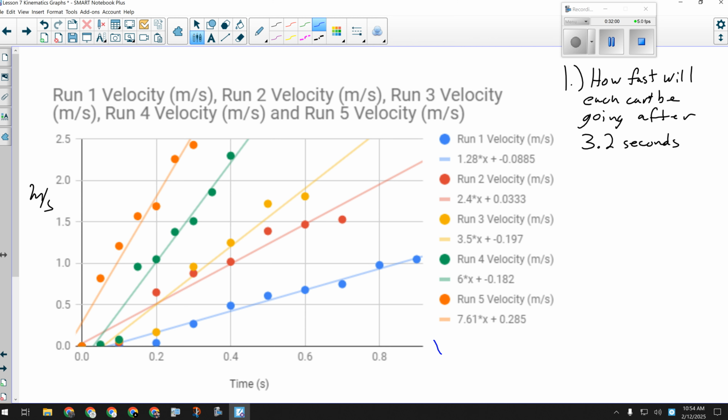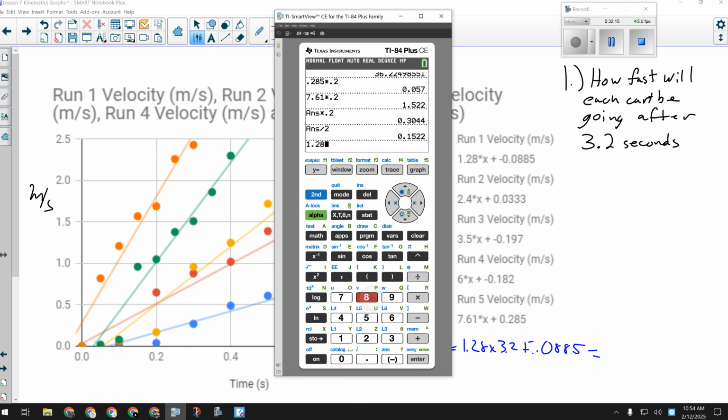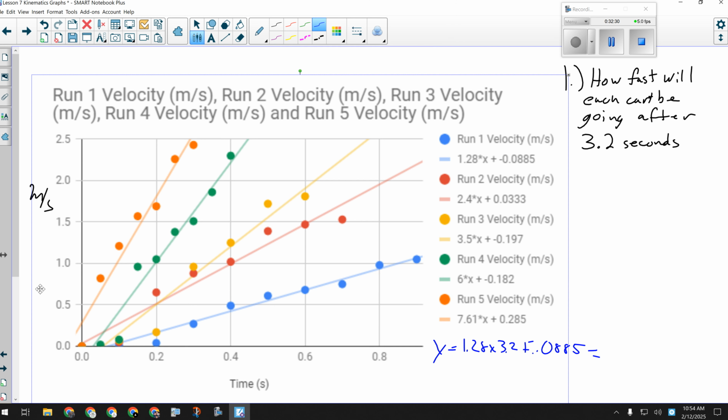For the blue one, it's going to be y equals 1.28 times 3.2 plus negative 0.0885. So for the blue car, after 3.2 seconds, it'll be going 4.0 meters per second.